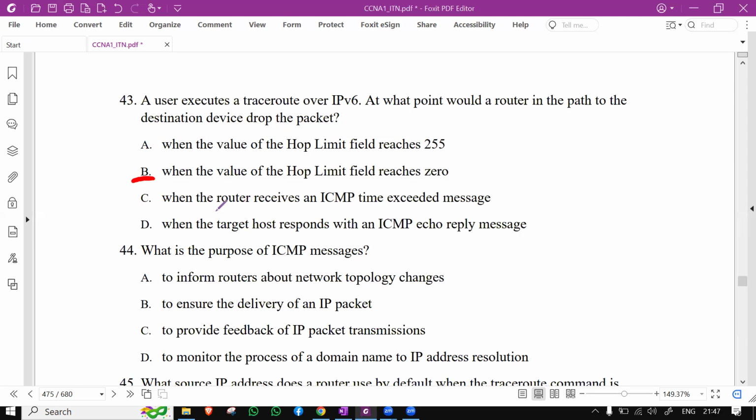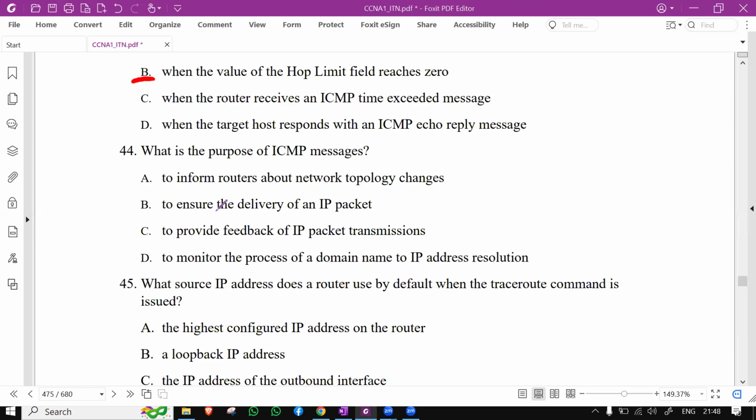Let's move on. 44. Purpose of ICMP messages. A or C. These are the answers.